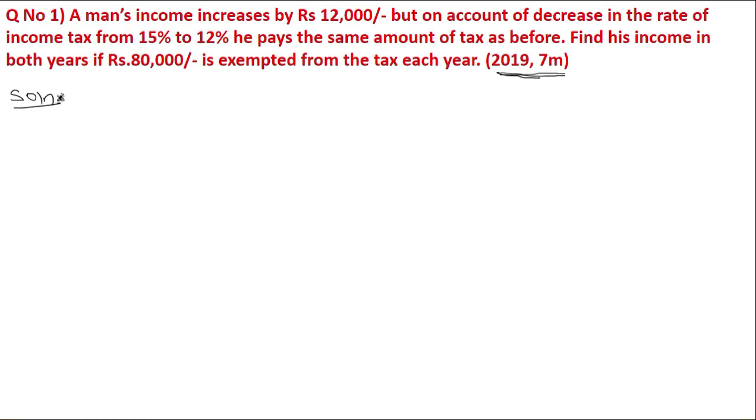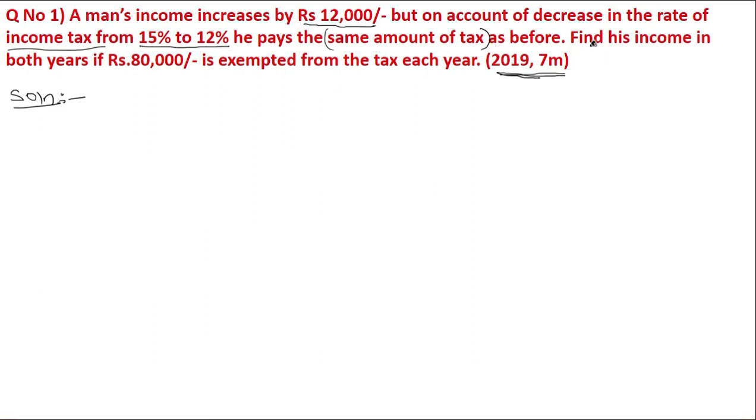Okay, so the solution. Here what they have given, see: the man's income increases by rupees 12,000, but on account of decrease in the rate of income tax from 15 to 12 percentage, he pays the same amount of tax as before.